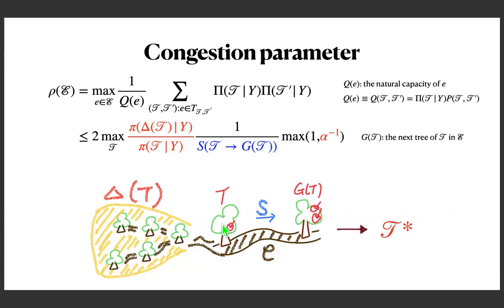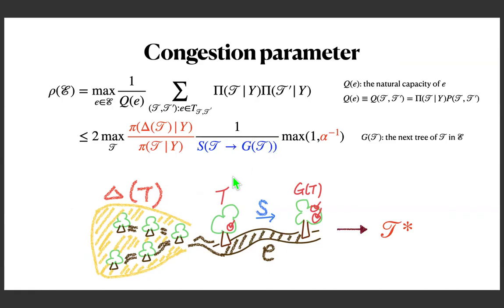When we are moving on this simple path, let's think about one tree T here. This delta T is all the posteriors of the trees that go through this route. If there are so many trees passing through this route, then it will be more congested. So the congestion parameter is controlled by the posterior mass of the trees that go through this route.